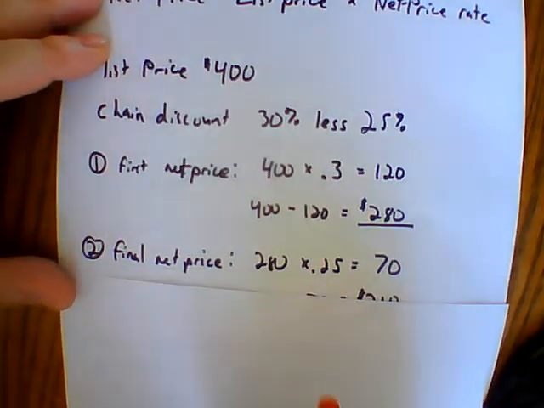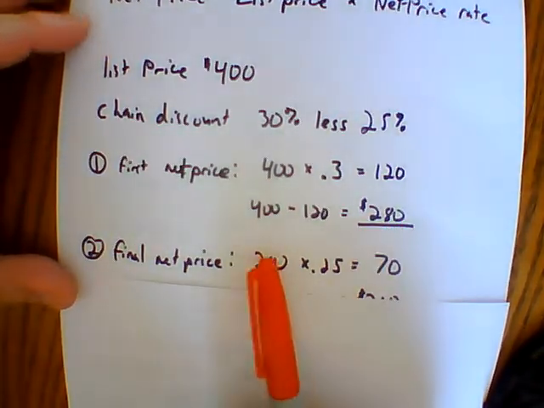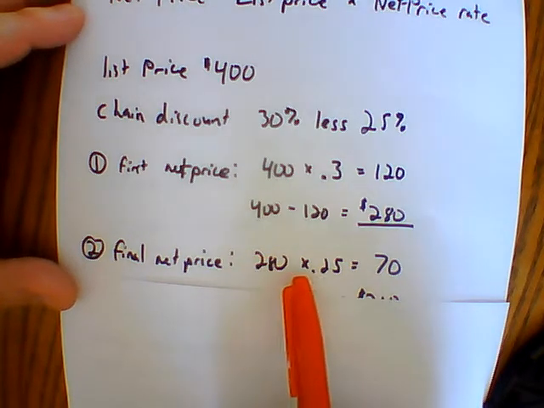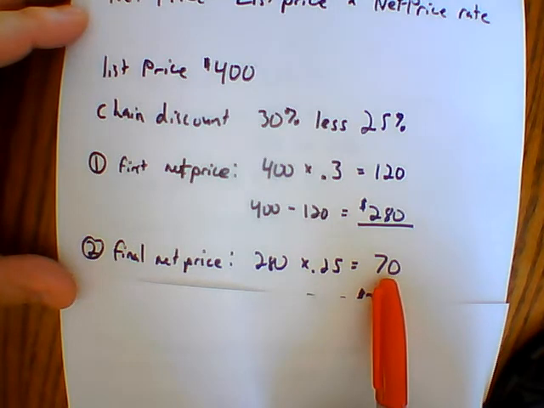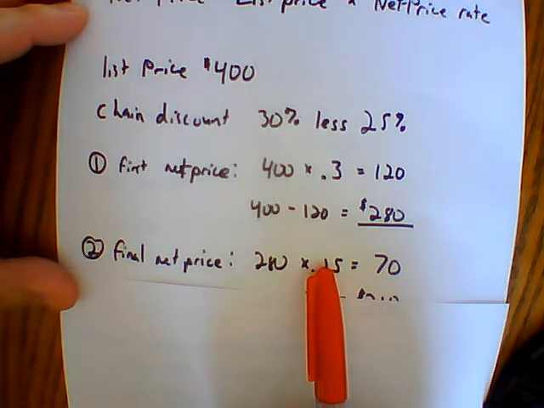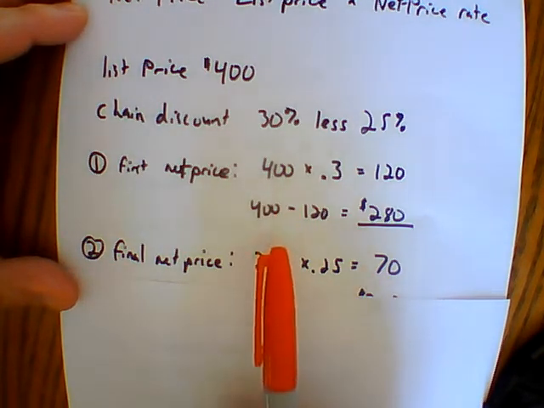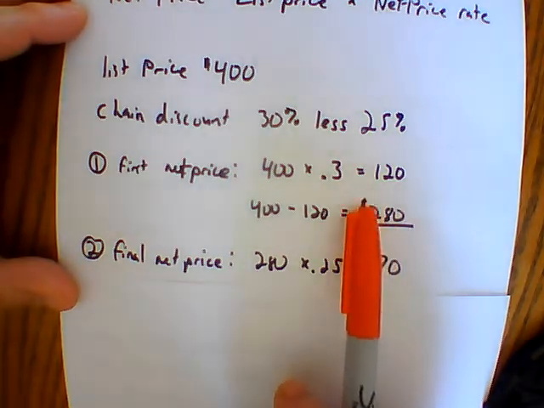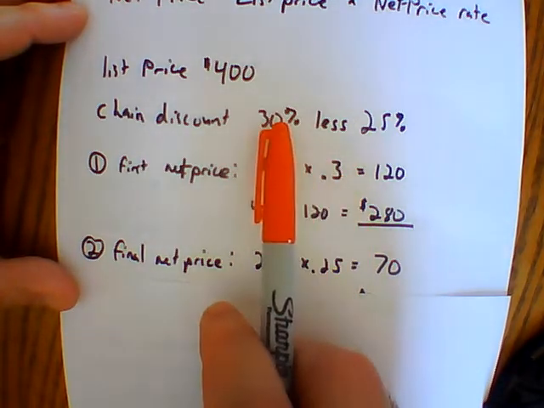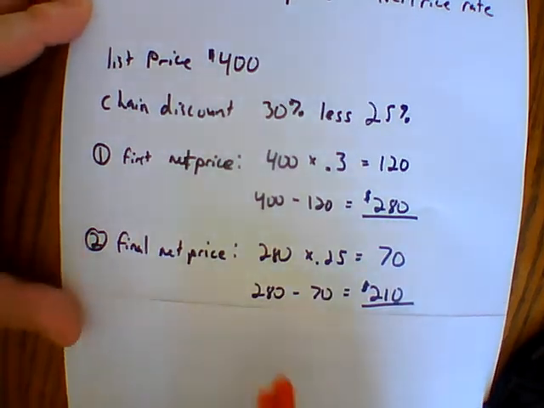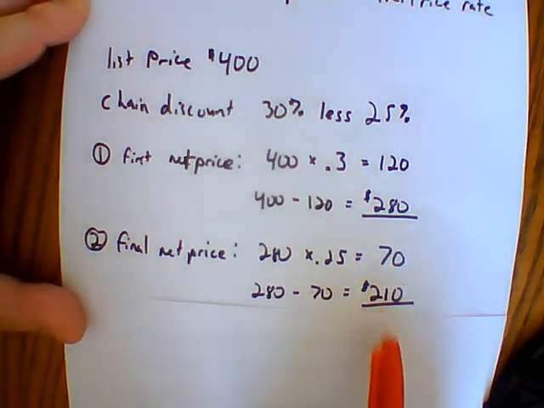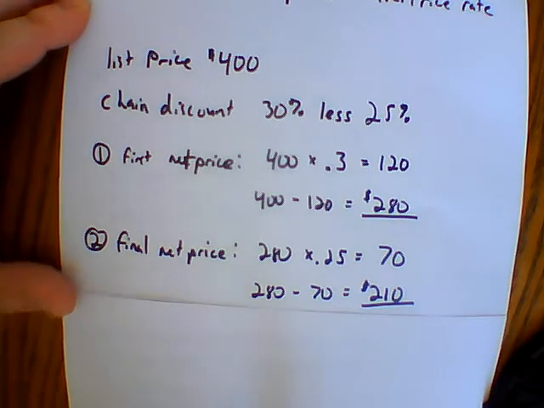The next thing we do is take that $280 and multiply by 25% to see that it is $70. This 25% off is not coming off that original 400. It's coming off what's left after the 30% discount. So we take 280 minus 70 for $210 total.